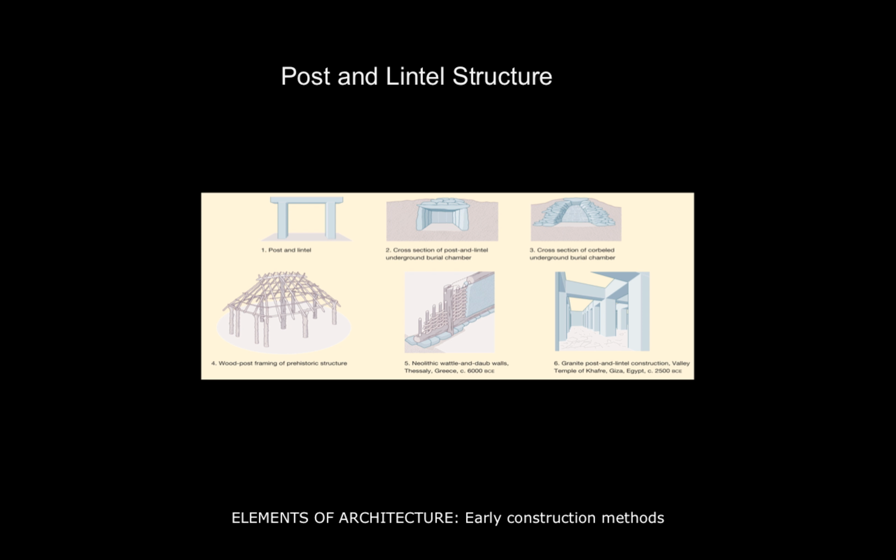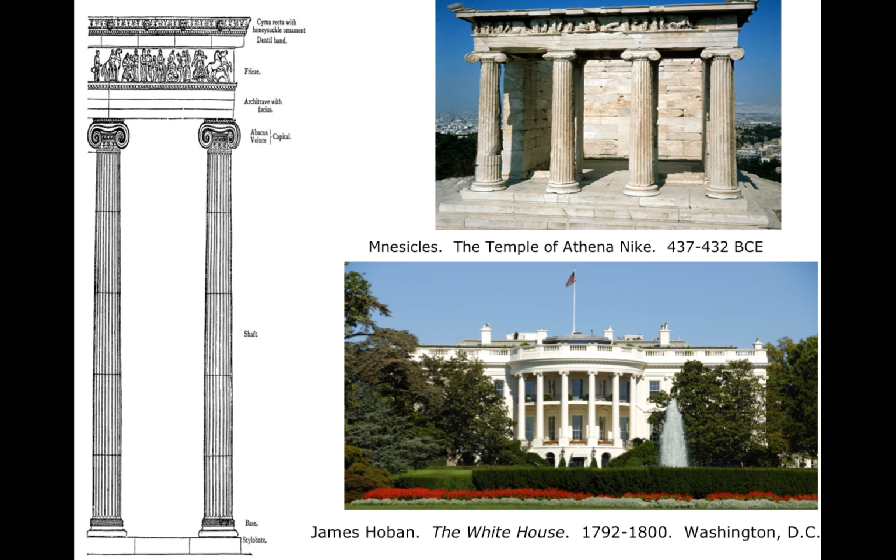This forms the basis of one of the most fundamental principles of Western architecture to this day. And we see an example we'll be looking at later, in a very exciting chapter on ancient art, ancient Greece.